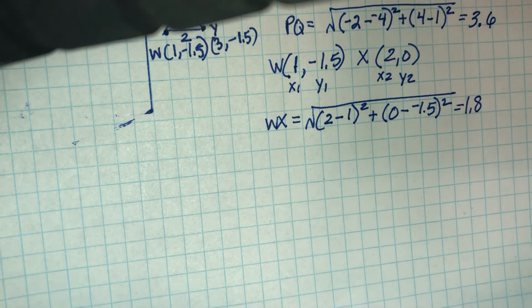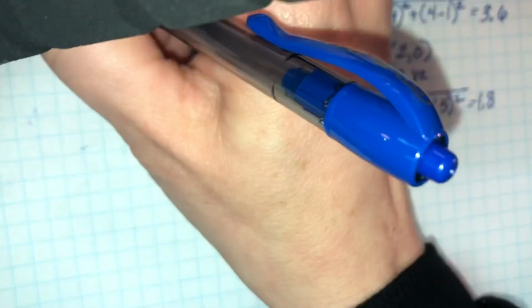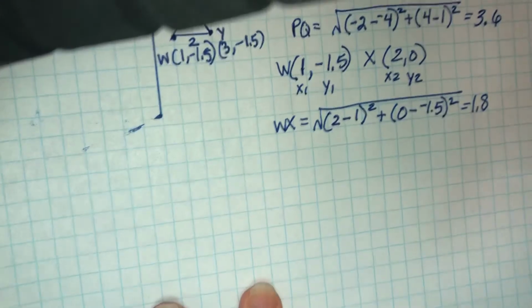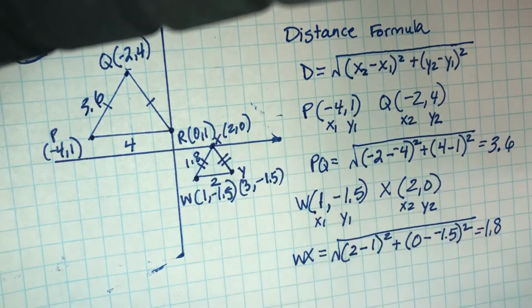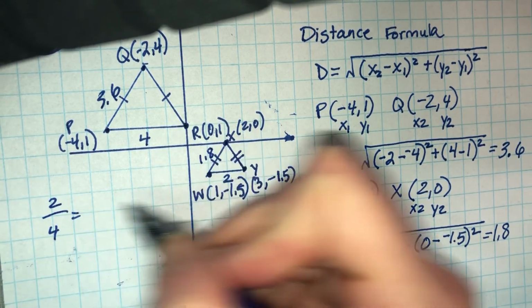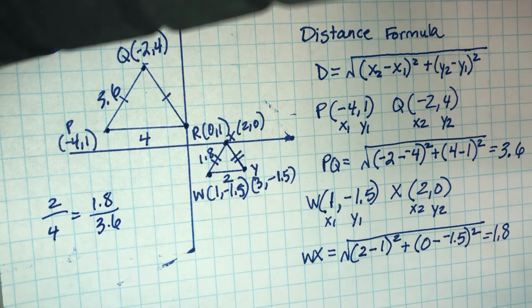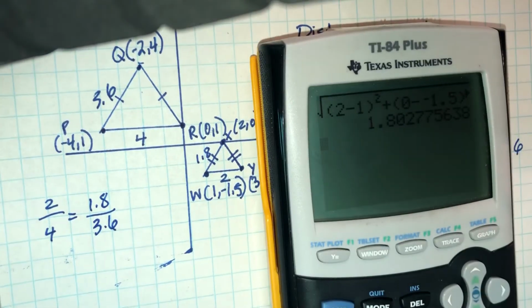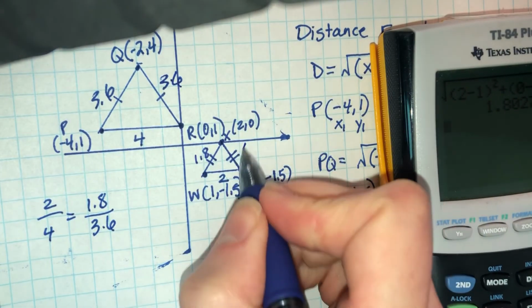Okay, so let's check the proportions here. The big one is 3.6. Whoops, y'all can't see that. And the little one is 1.8. So if I set up a proportion, little side 2 goes with big side 4. Little side 1.8 goes with big side 3.6. Are these proportional? And keep in mind, this is also 3.6 and this is also 1.8.